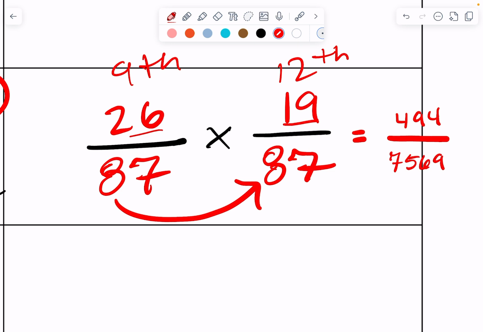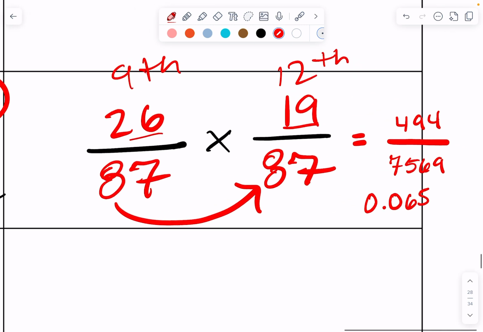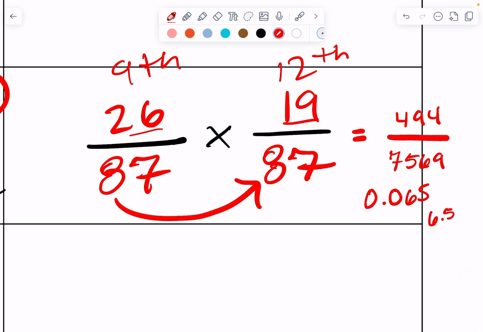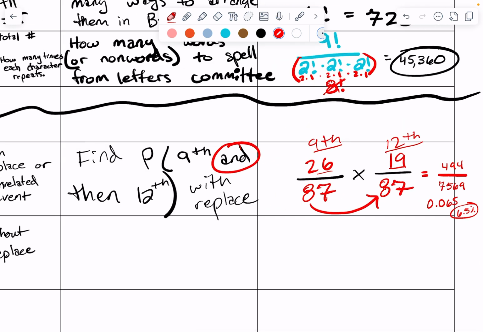And if I divide 494 by 7569, it is 0.065, so a 6.5% chance that that's going to happen, which is probably about accurate, because there are 87 students, so the chance that the first one's a ninth grader and the second one's a 12th grader is a kind of low chance, but not terribly low, okay?